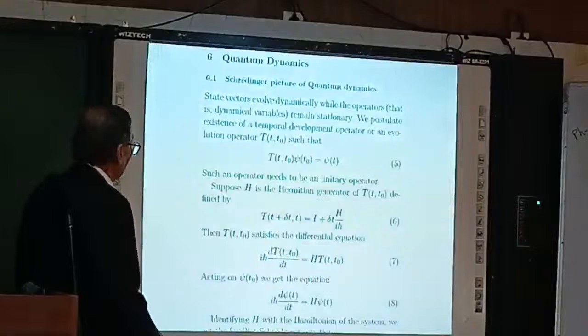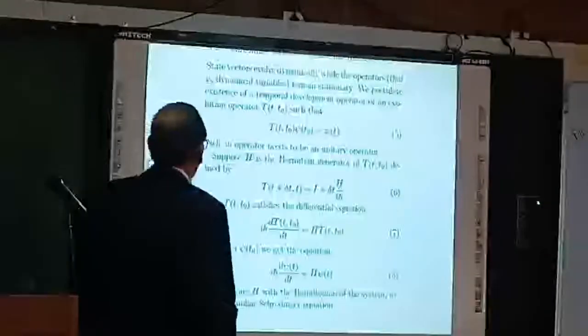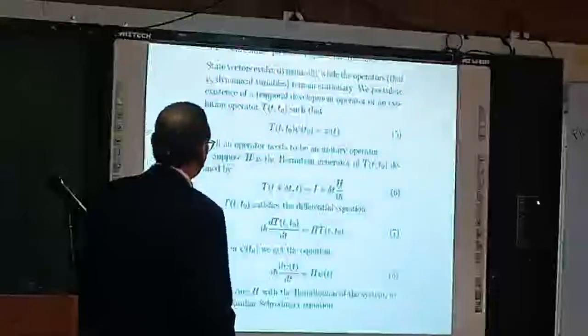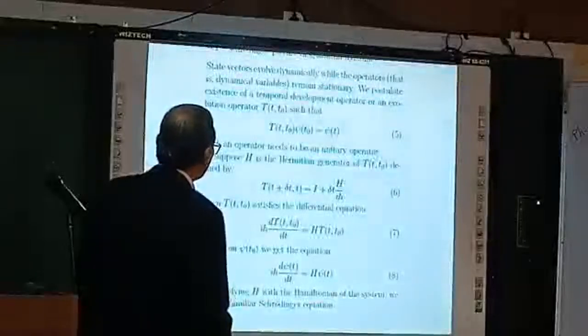Acting on psi(t0), we get the equation iħ dpsi/dt is equal to H psi. If we identify H with the Hamiltonian of the system, then we get the familiar Schrodinger equation.